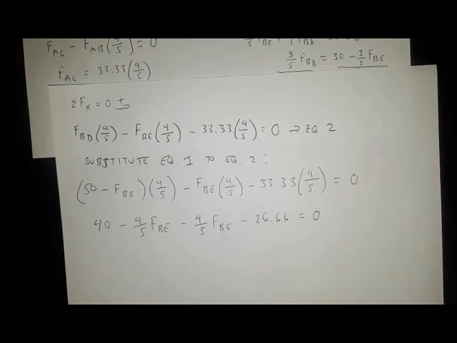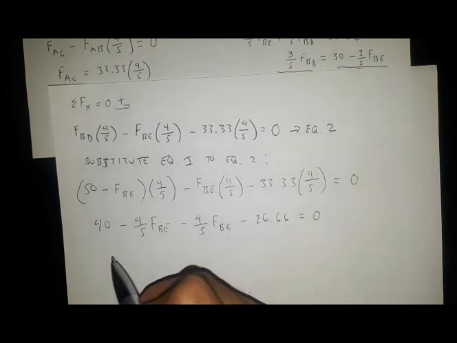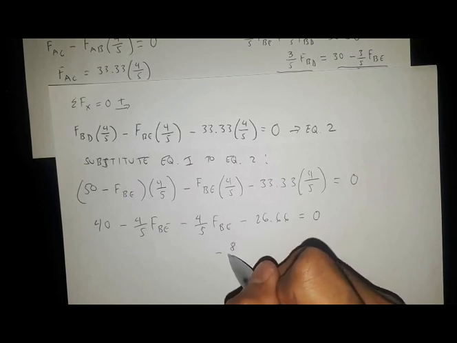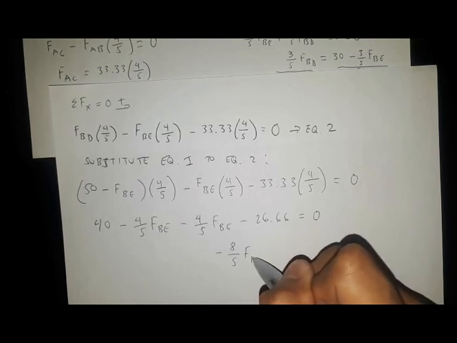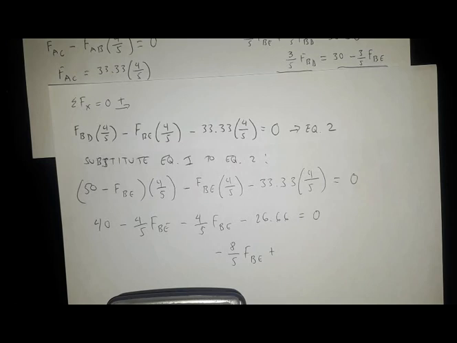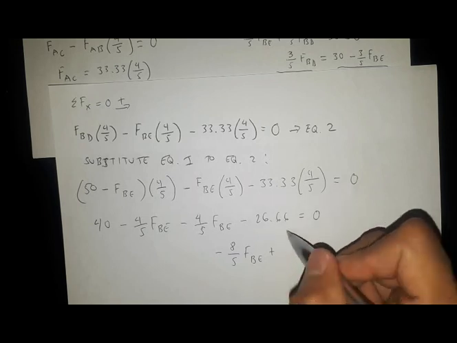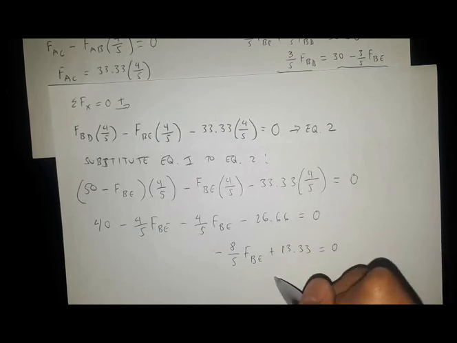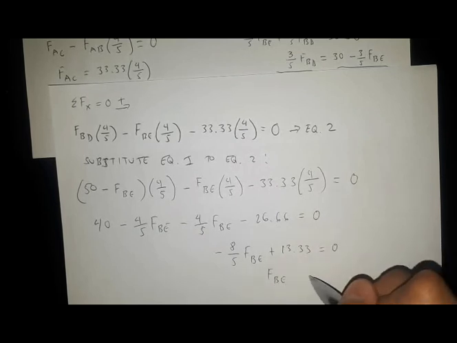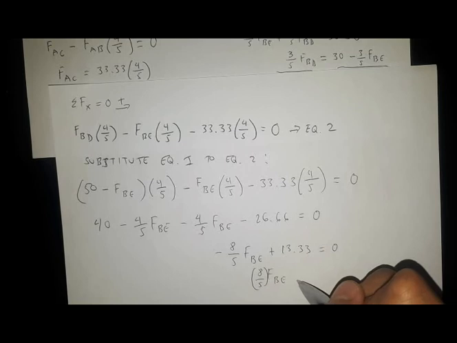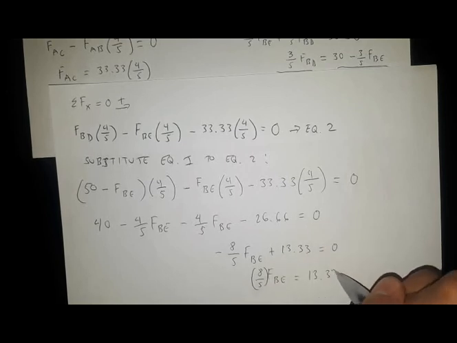So we have here negative 8/5 FBE plus 13.33 equals 0. So 8/5 FBE equals 13.33.